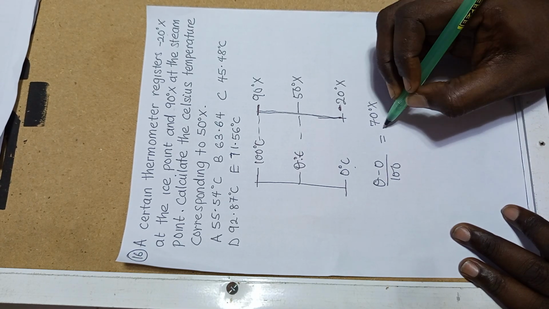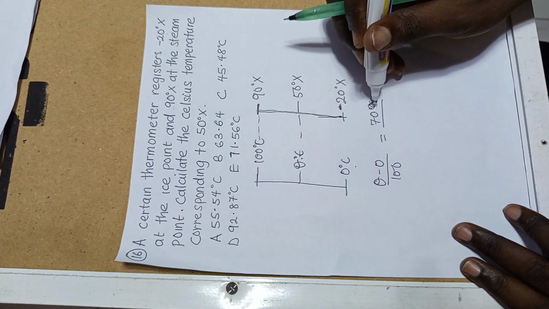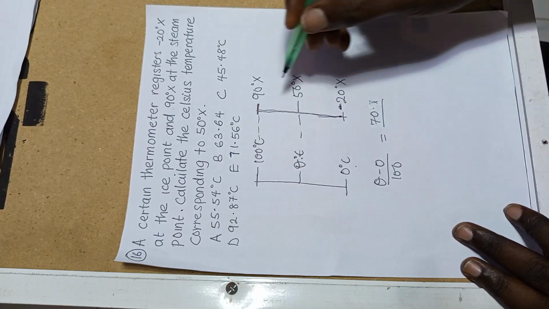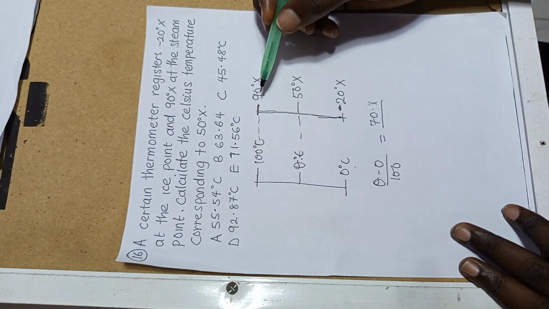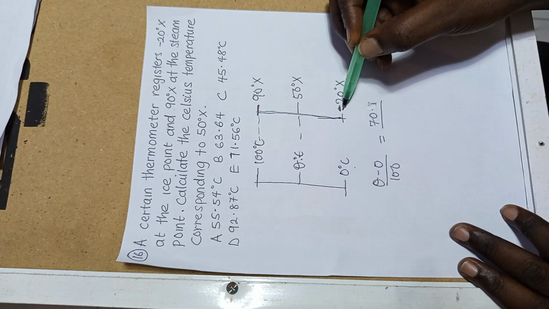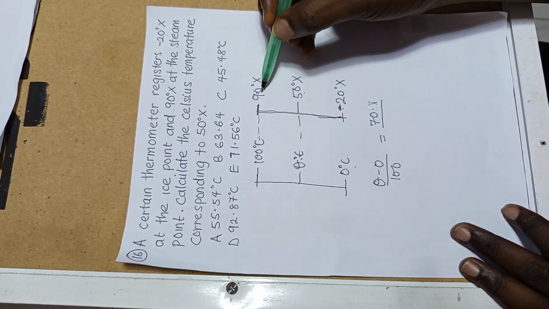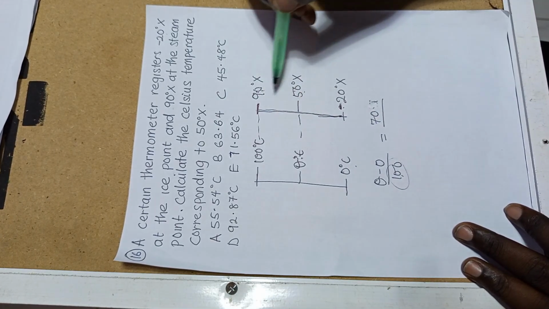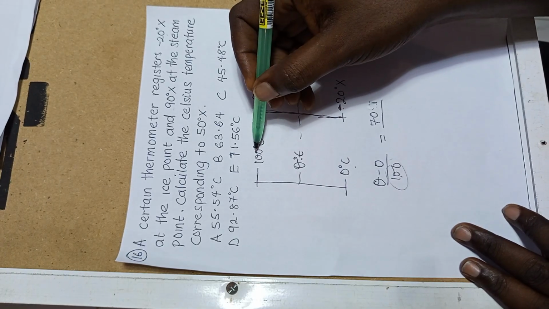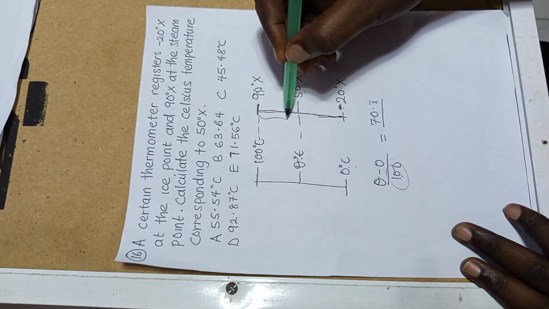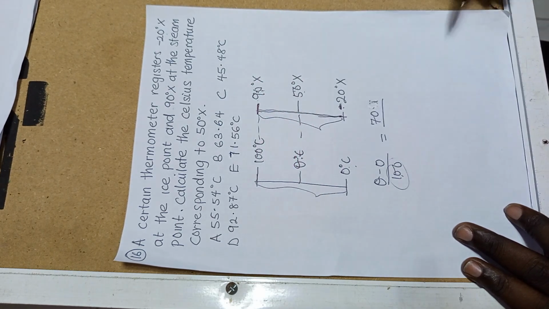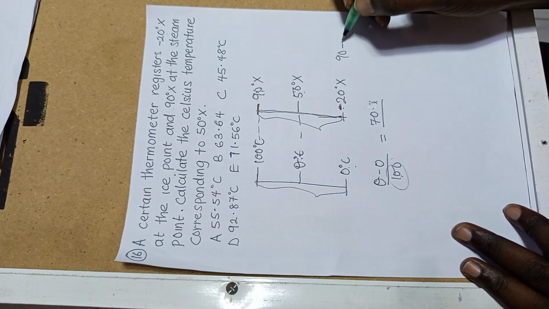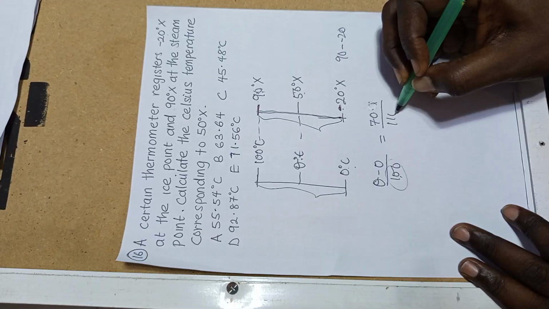On the other side, we have to compare like with like, so it is 90 minus minus 20, which is 110.